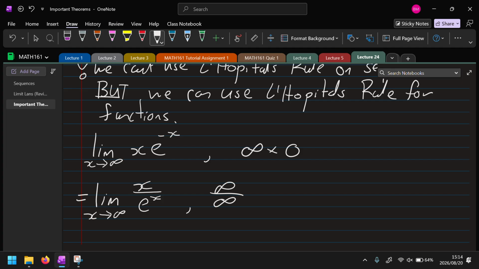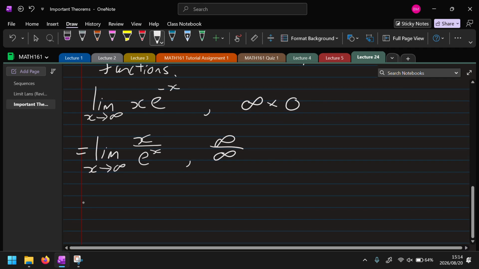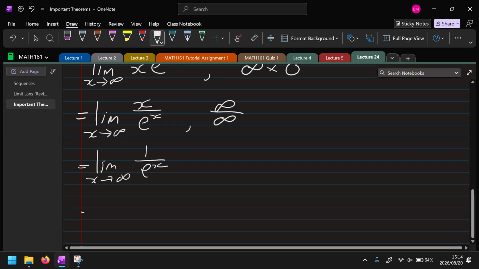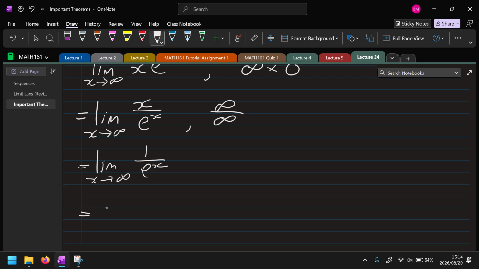So now we can do the derivative because it's just x. The derivative of the top is 1. The derivative of the bottom stays the same. So this is going to be the limit as x goes to infinity of 1 over e to the x. What will this be? 0, yeah. Okay, no points for that. That's too easy.